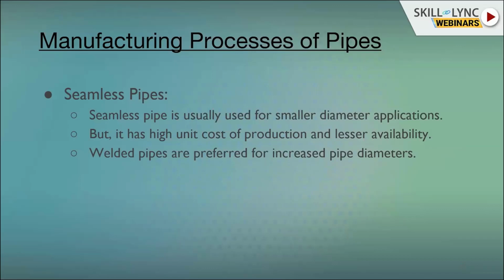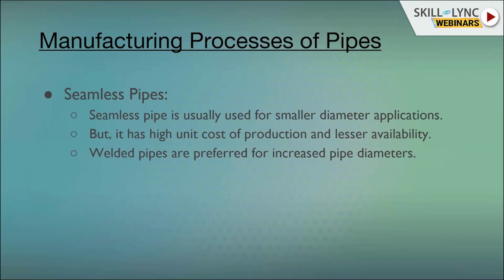So I hope you got the point of seamless pipe. The seamless pipes are non-welded. They are directly reheated to a particular temperature, and then a pin is pierced into the reheated pipe.